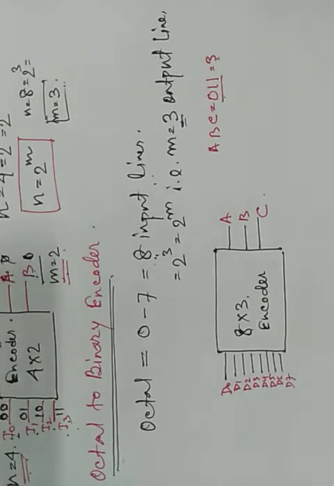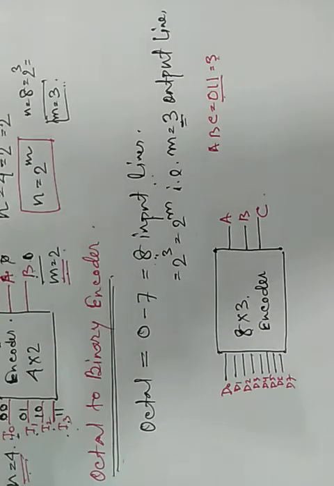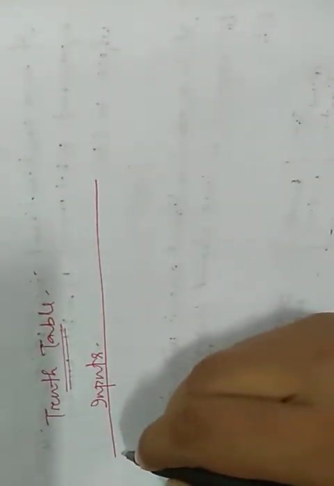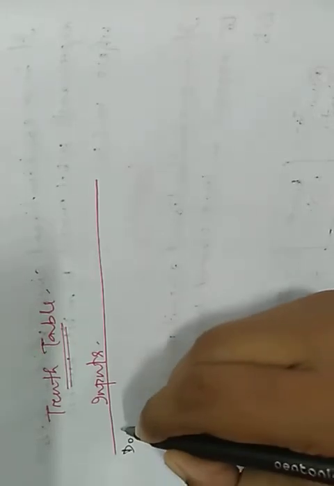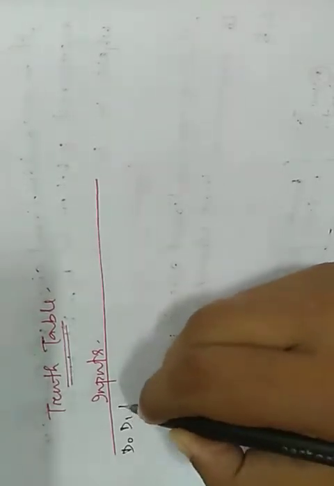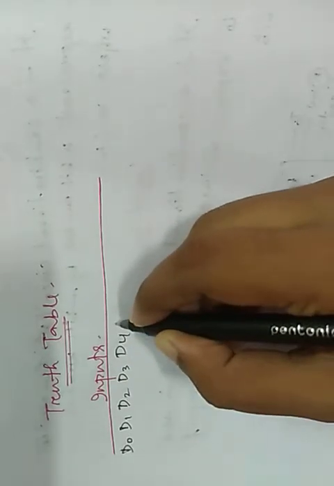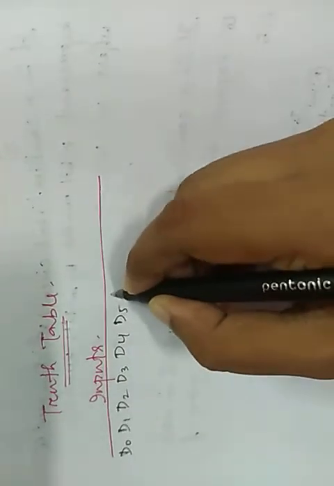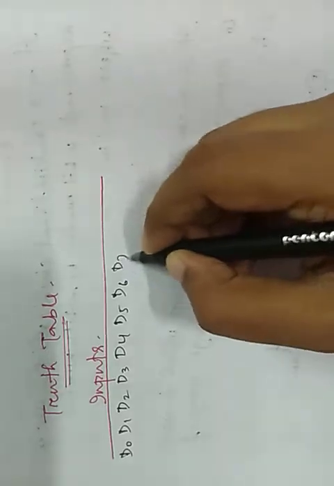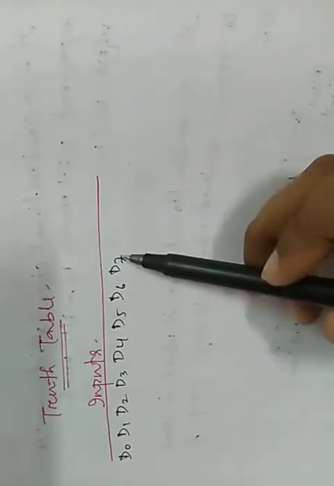Now let us draw the truth table, then you can understand it properly. In our input lines, we know that we have D0, D1, D2, D3, D4, D5, D6, D7. 8 input lines are there.